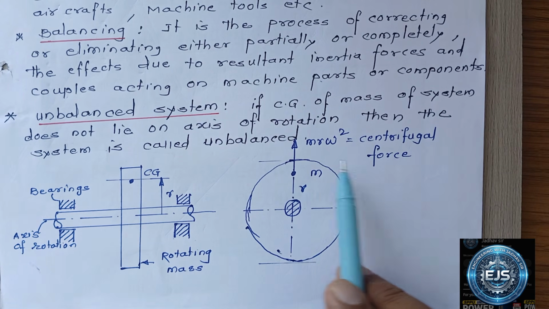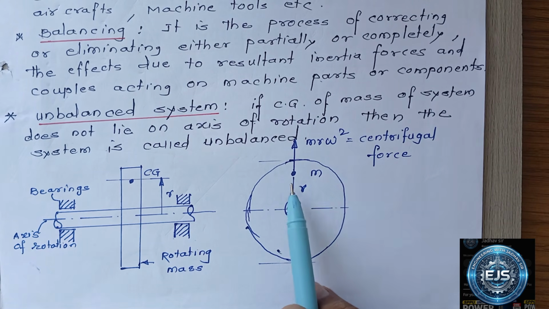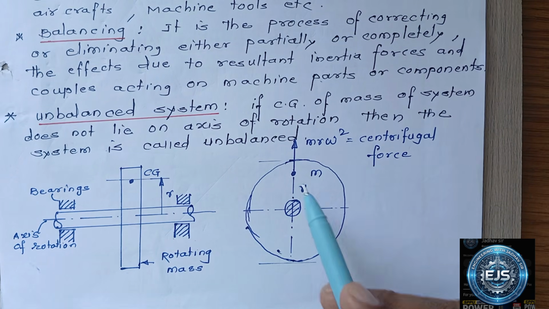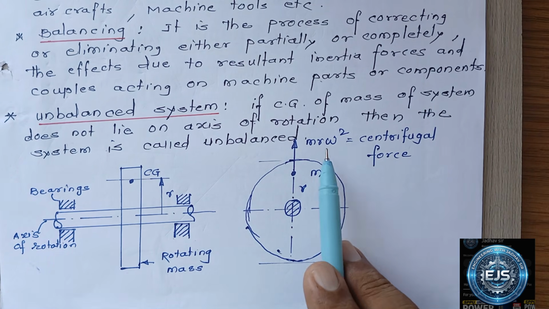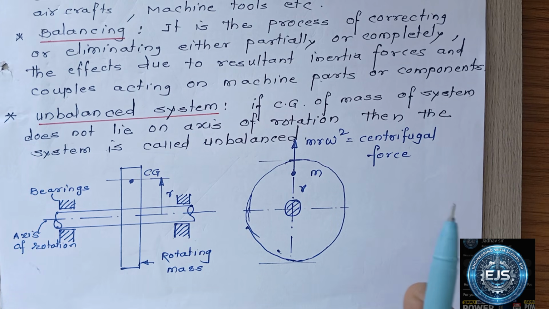This centrifugal force, its magnitude is m r omega square, and it is acting in a radially outward direction. The magnitude of the centrifugal force is proportional to omega square, so it is very large in magnitude. For that purpose, balancing is necessary to avoid the bad effects of this unbalanced force on the machine parts.